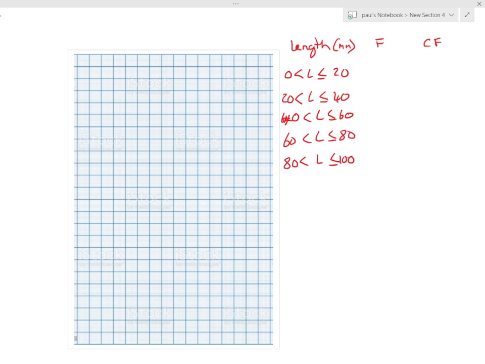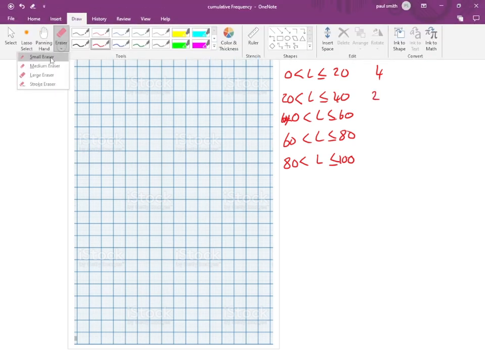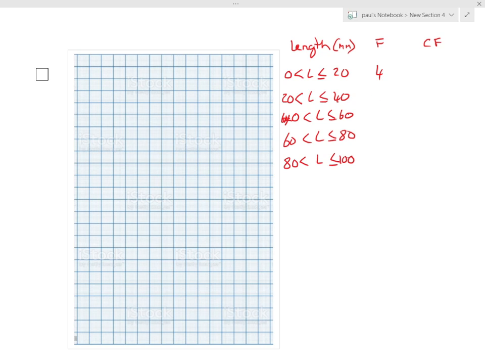So the frequency of whatever we're measuring is going to be 4, 11, 20, 15 and 6. And this will be in a table, and this will be printed for you. That's the information they give you.